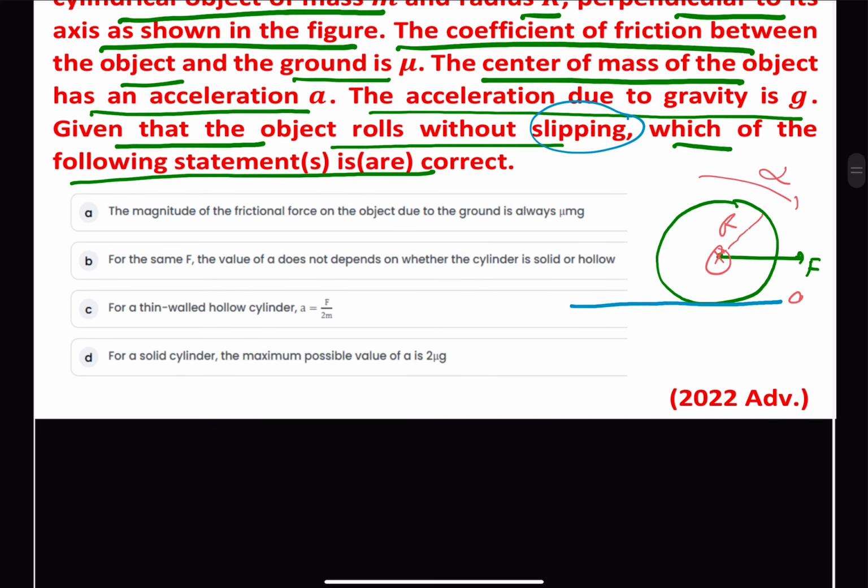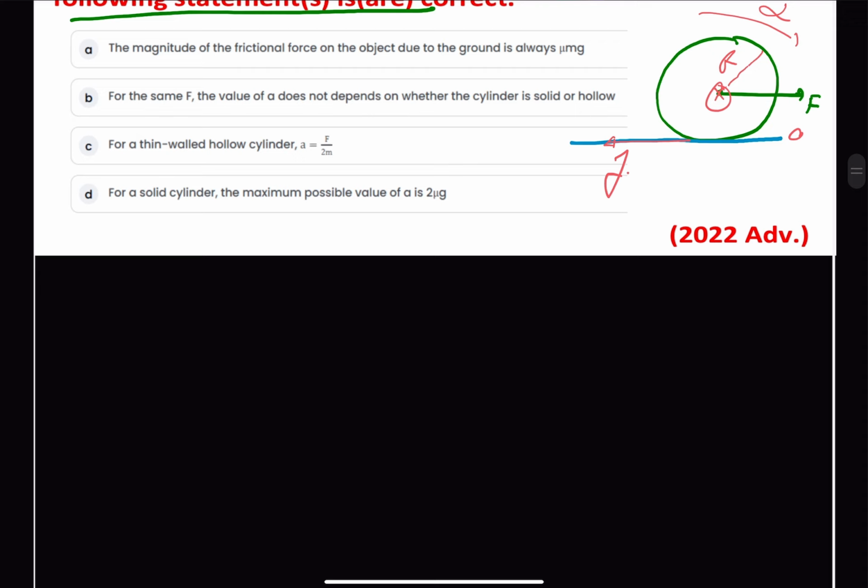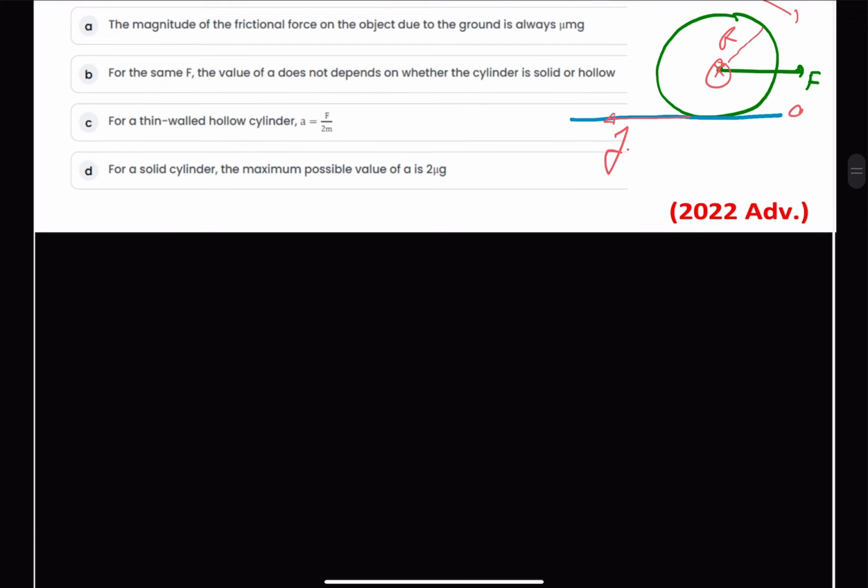So the frictional force will be acting in the backward direction, so that it is going to provide a torque. Let the frictional force be given as f.